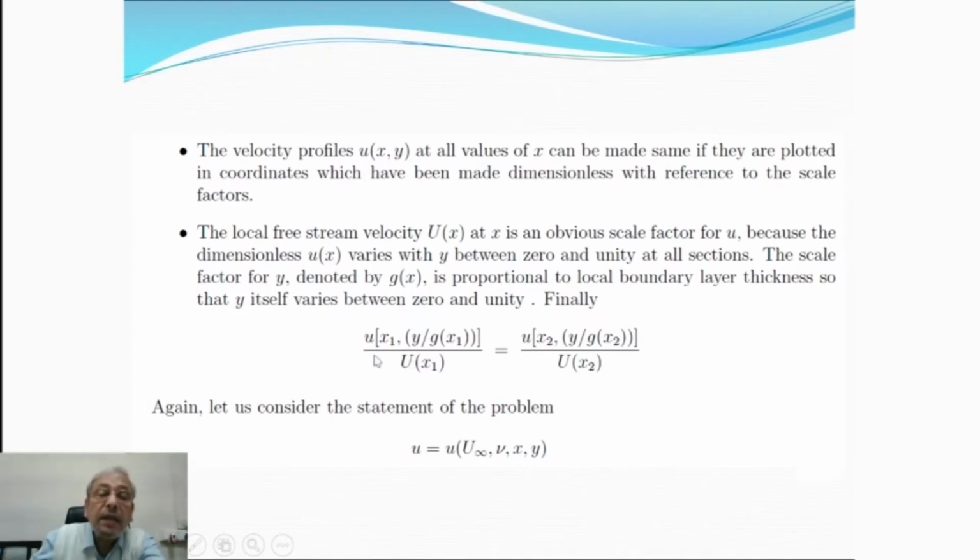So we can write u as a function of x1, at a location x1, y divided by g(x1), divided by the free stream velocity U at the x1 location, equal to the velocity at another location, say x2, where the boundary layer thickness is g(x2). So y by g(x2) divided by the free stream velocity at that location. So this can be expressed in this way.